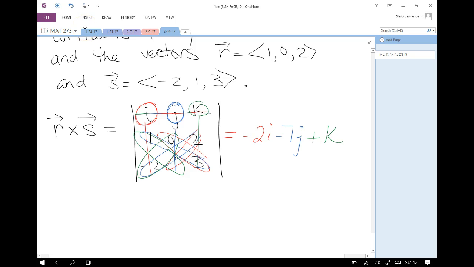The equation for a plane is unique. So if you did S cross R, cross product is not commutative, you would get a different vector. You would get positive 2I plus 7J minus K. But your final equation for your plane would be equivalent.